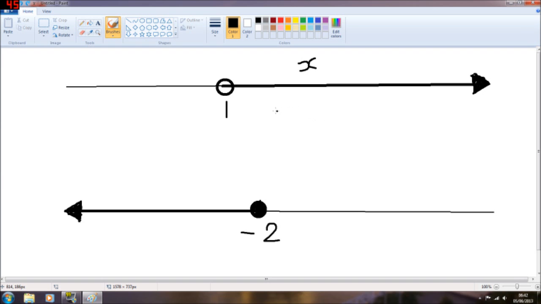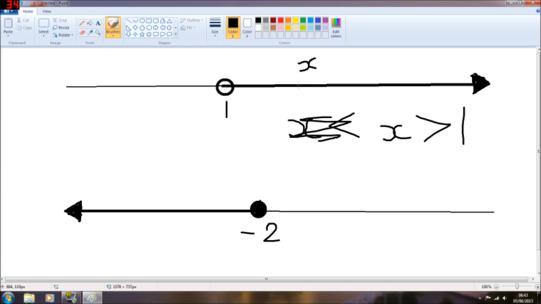So first of all, remember that the open circle represents that this number 1 is not included. So this line actually shows that x is any number bigger than 1.